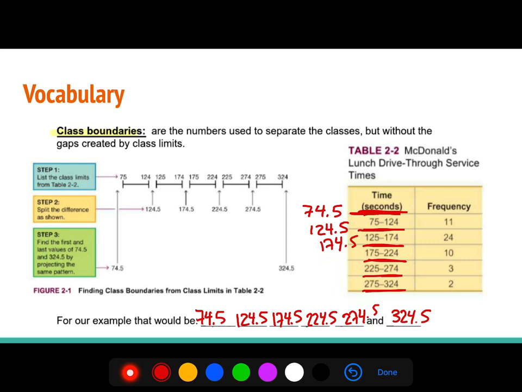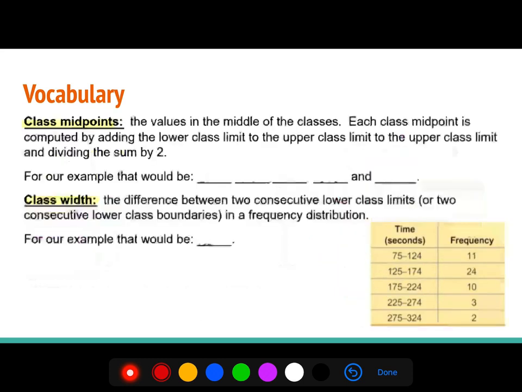So our class boundaries are in between the classes halfway, so basically on the line there, and you have to have them surrounding the classes as well: one lower than the lowest limit and one higher than the highest limit.